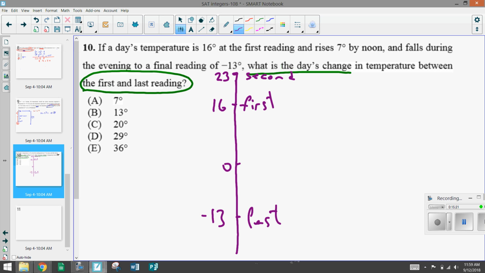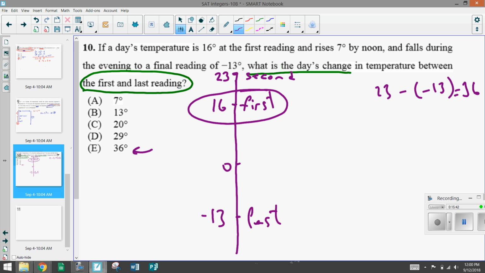Should I subtract 23 minus 13? No, no. So first reading, that's why I wrote that down. Many of the students I saw did this, 23 minus 13. They did that, and the answer is right there. See? This is not correct, but it's an answer choice. You see that? They did that on purpose. So the 7 is unnecessary.